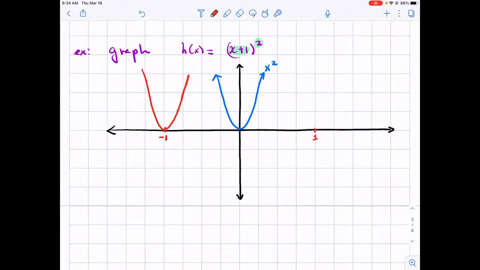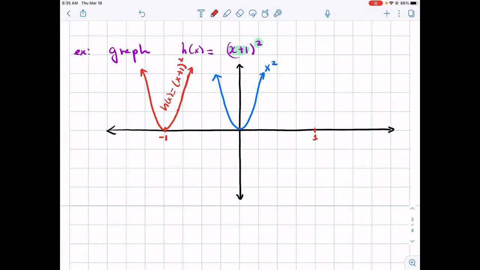And this is the graph h of x equals x plus 1 squared.